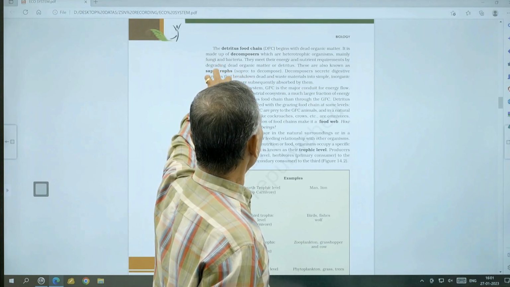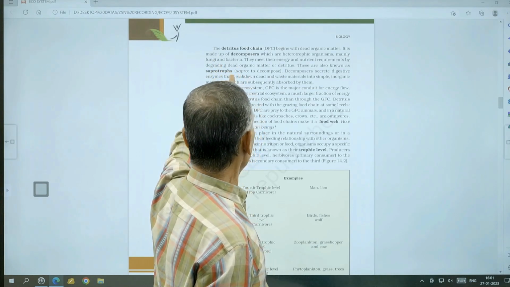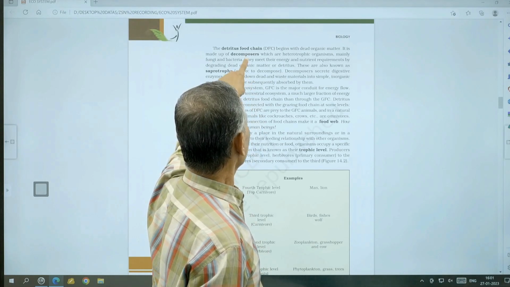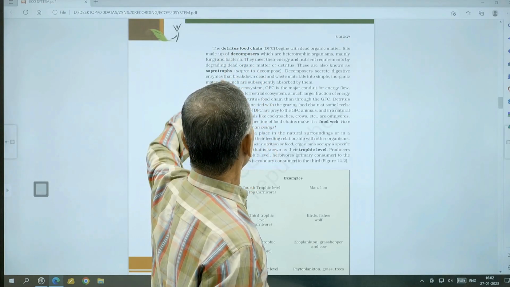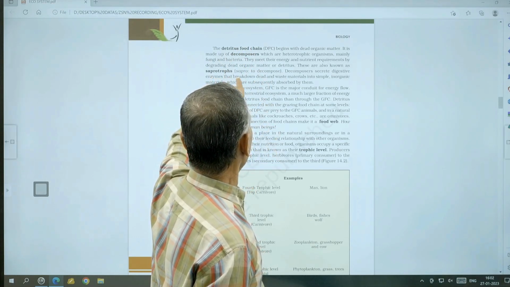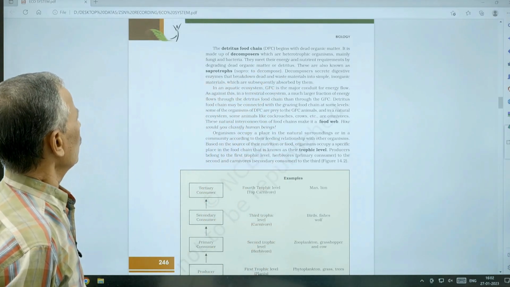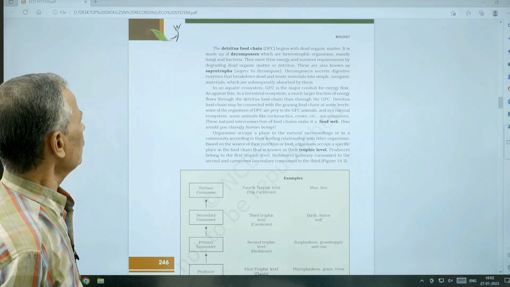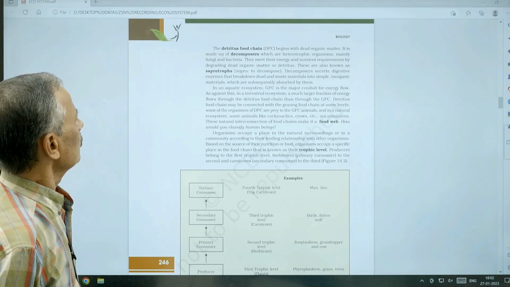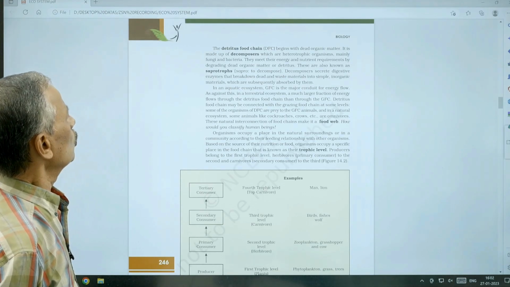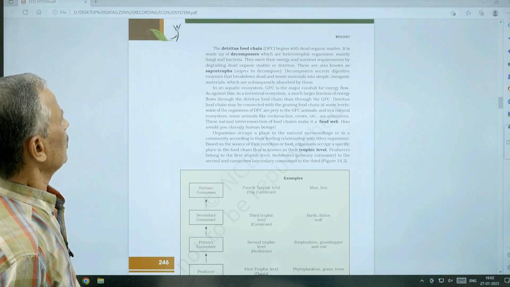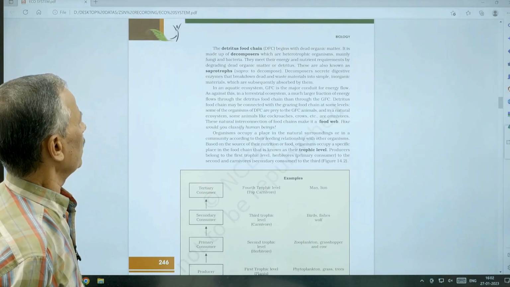So it is by feeding on or degrading that organic matter that they get energy. So these organisms are also called saprotrophs. Decomposers secrete digestive enzymes that break down dead organic material into simple inorganic material that is then absorbed by them.